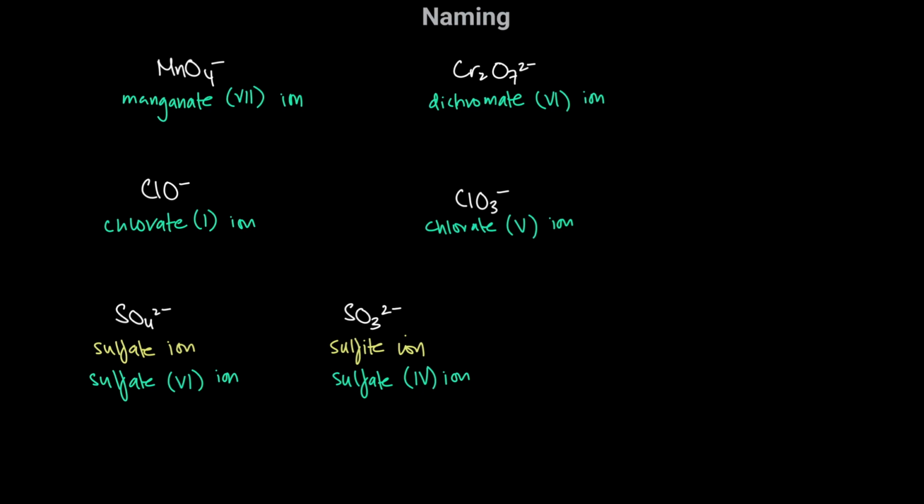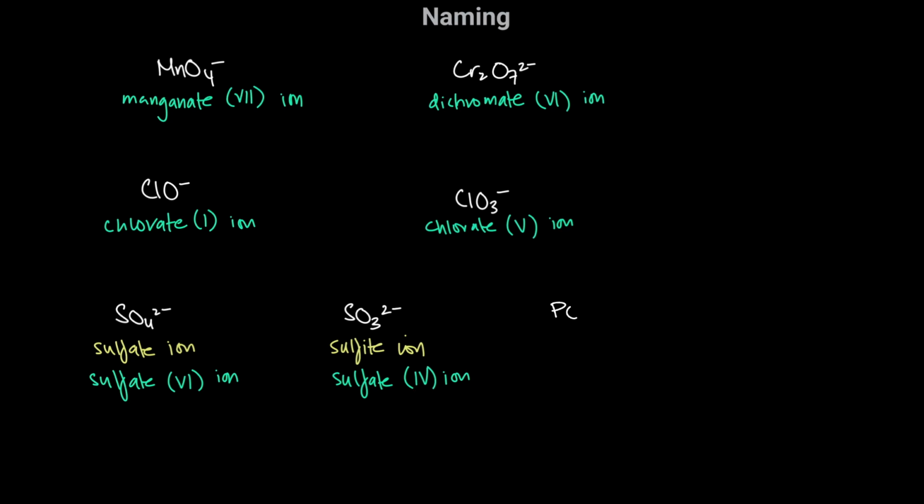So when we talk about the sulfate ion, it's SO4 2-. Whenever we have -ate, that's SO4 2-, and if you have one oxygen fewer, it will be sulfite, -ite. So whenever we're talking about the sulfate ion, we're specifically referring to the sulfate 6 ion. And when we're talking about the sulfate 4 ion or sulfite ion, it means the same thing.